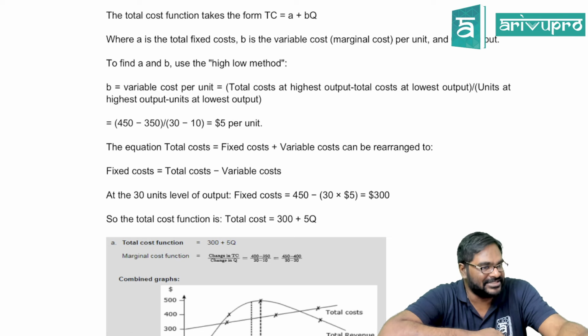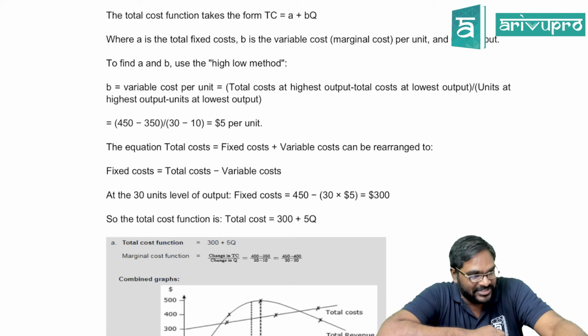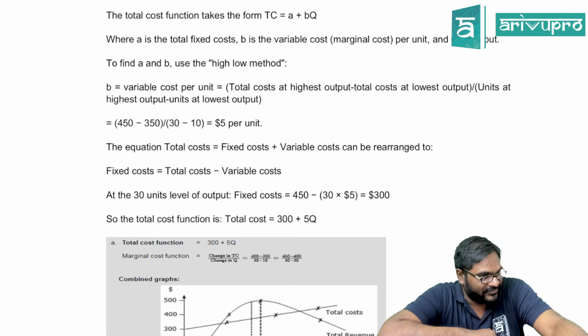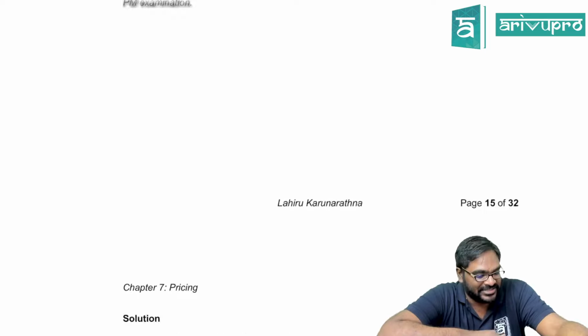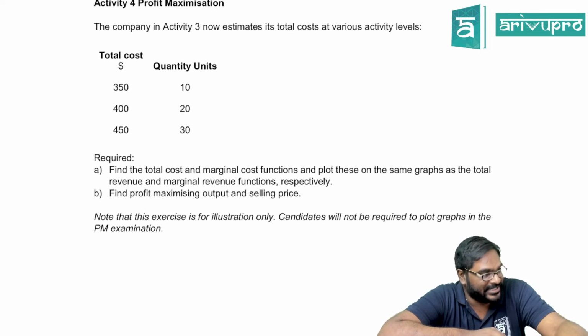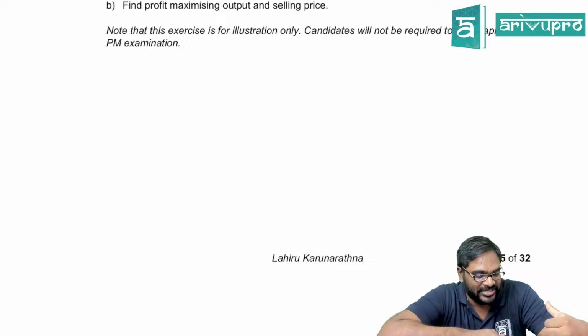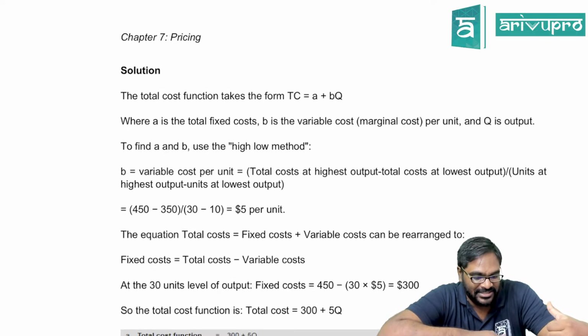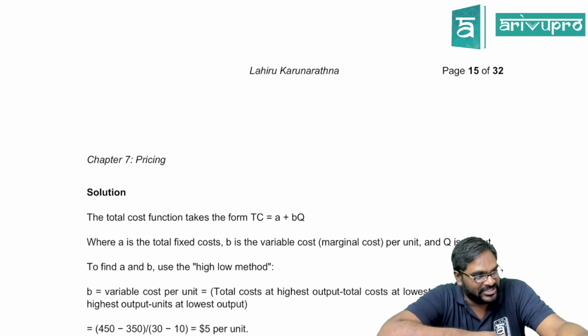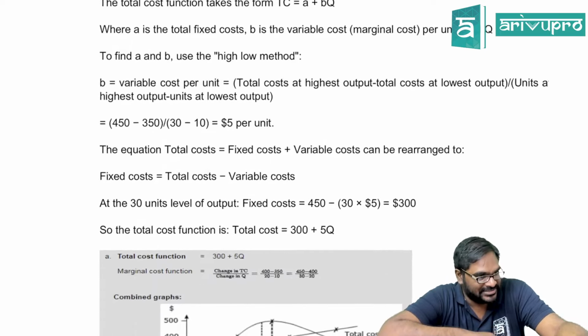Right. Coming back. So marginal cost, variable cost, we understood as 5. We don't know the fixed cost, but we know the cost ranges and the units, so we can use one of those points in our total cost formula. Total cost equals fixed cost plus variable cost.